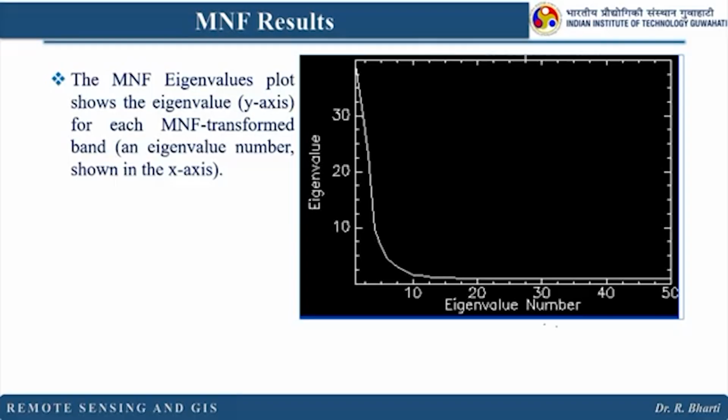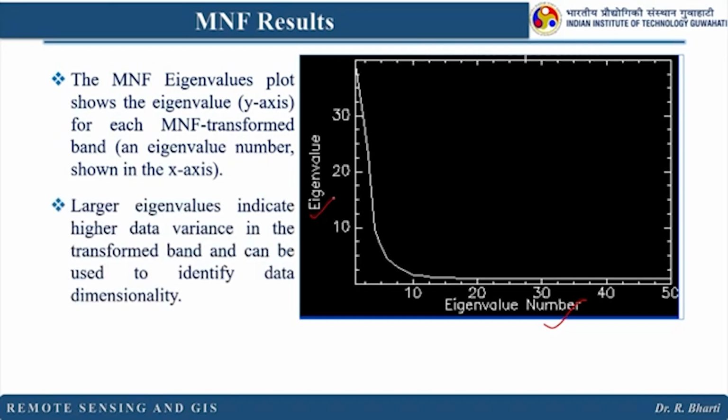So, the MNF eigenvalue plot shows the eigenvalue for each MNF transformed band, right? And here you can see this is the eigenvalue number and this is the eigenvalue, and the larger eigenvalues indicate higher data variance in the transformed band and can be used to identify data dimensionality.